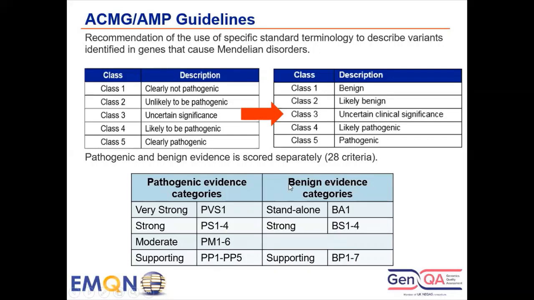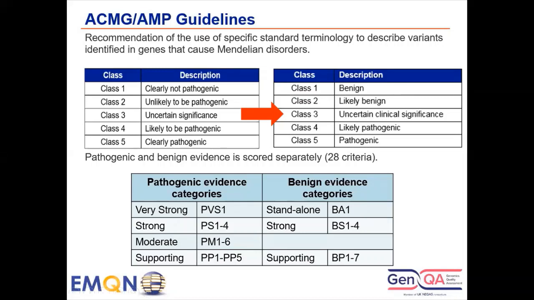Concerning the benign categories, we have a standalone criterion, and this is a criterion that really relates to the frequency in the population.